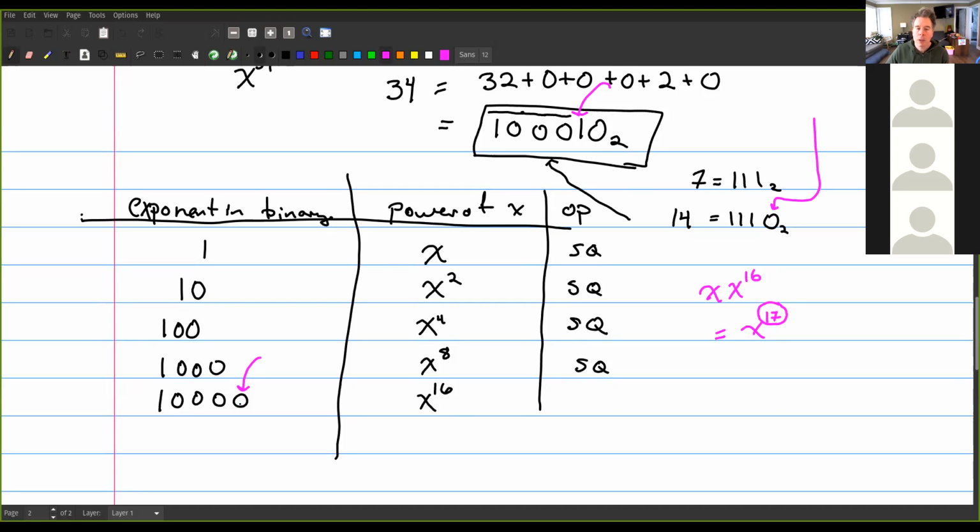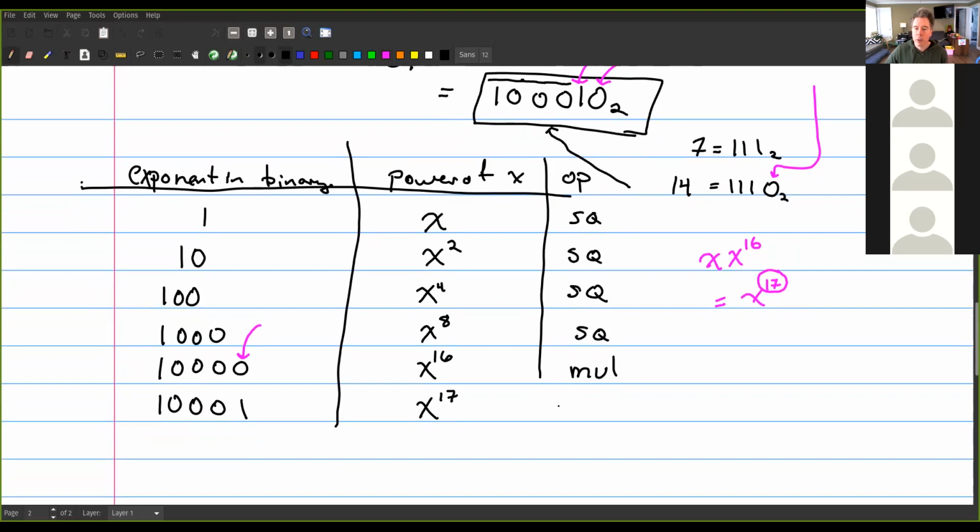So I can change this to a 1 just by multiplying in an x. So in this next step, instead of squaring, I multiply, and then I get x to the 17th. And now this becomes 1, 0, 0, 0, 1. This is looking good. I just need this last 0 and we'll be done.